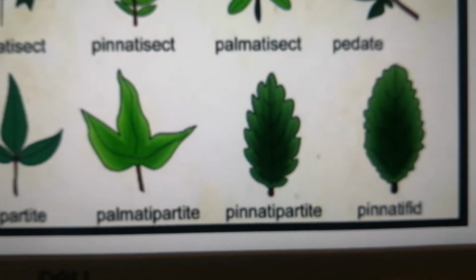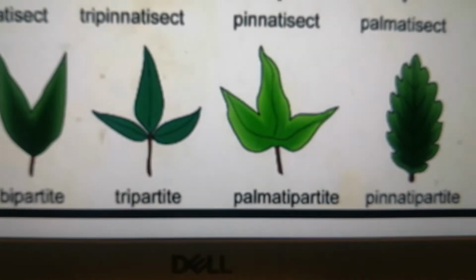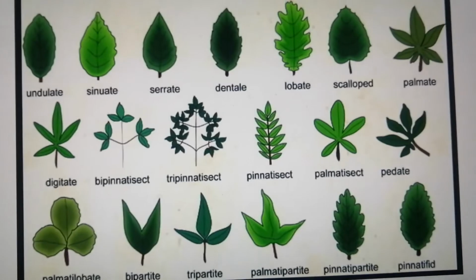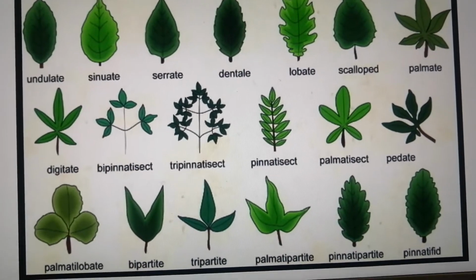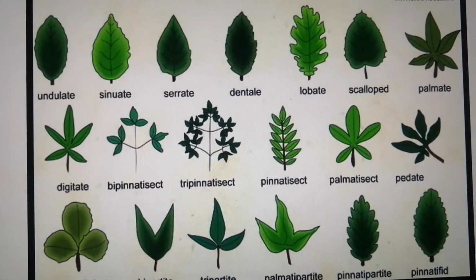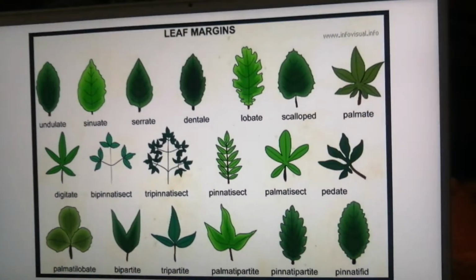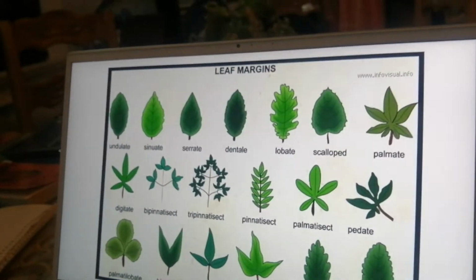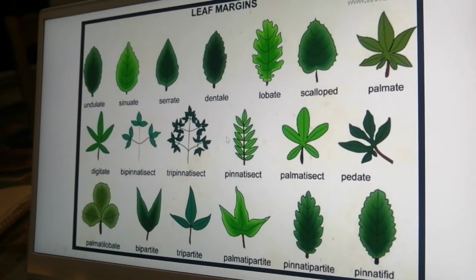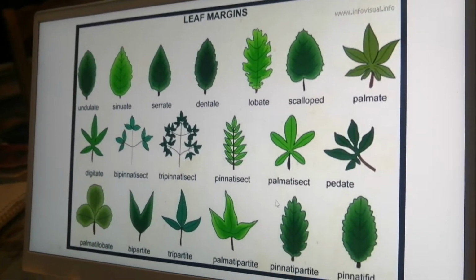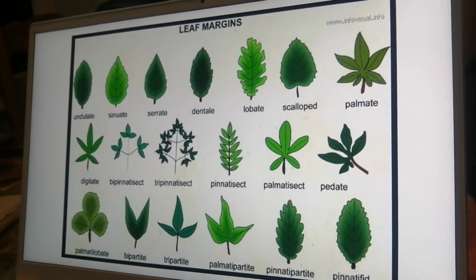Okay, so look at that one. They are just examples of the leaf margin. If you want to see the exact pictures and familiarize yourself with the different leaf margins, you can search them on Google.